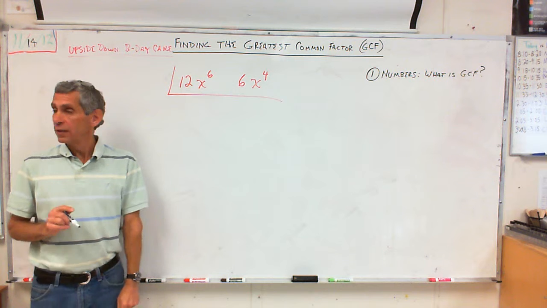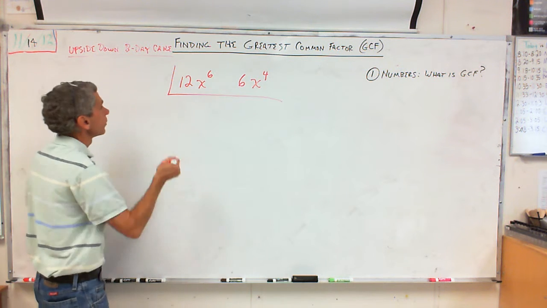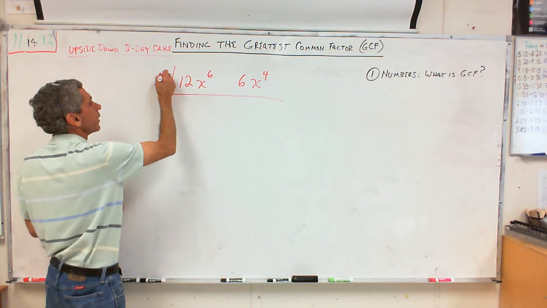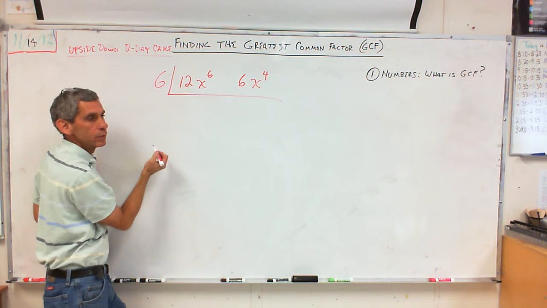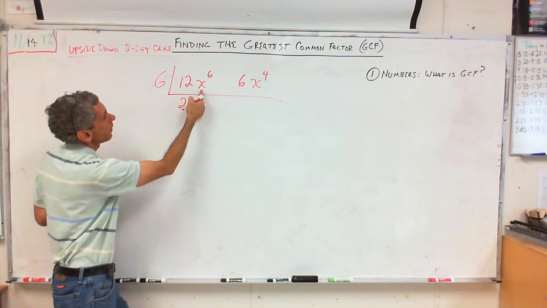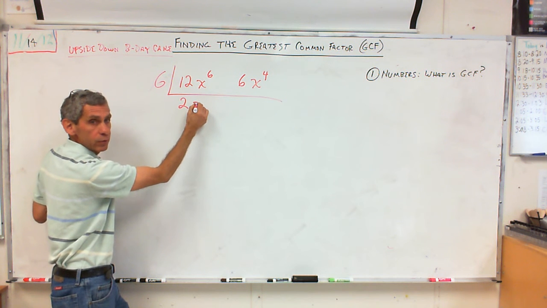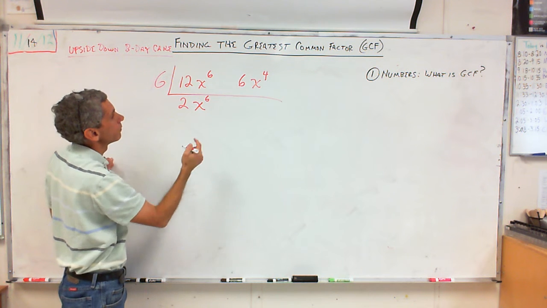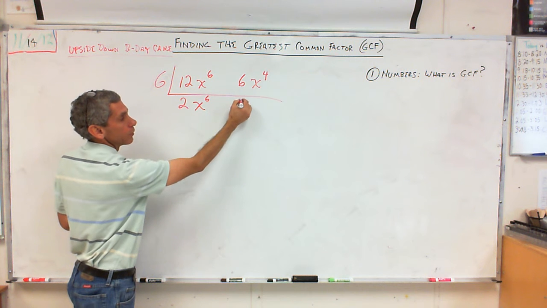Yes, Amy. 6. So 6 goes into 12 how many times? Twice. I haven't done anything to the x to the 6th, so I bring that down. 6 goes into 6 how many times?